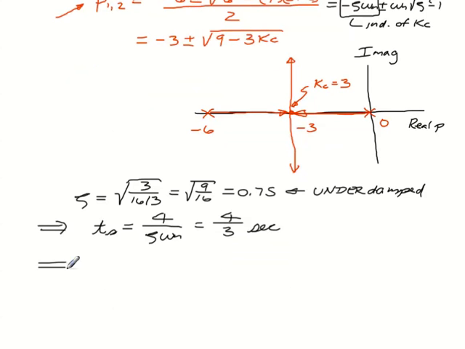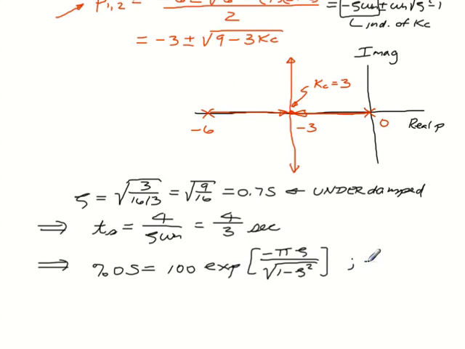And since it's underdamped, we need to be concerned about percent maximum overshoot. That ended up being 100 times the exponential of minus pi zeta divided by the square root of 1 minus zeta squared.